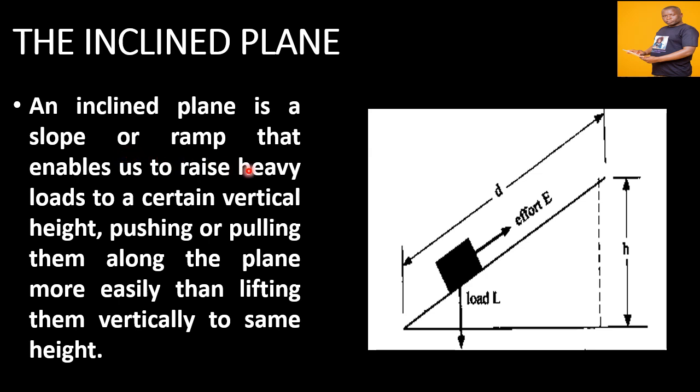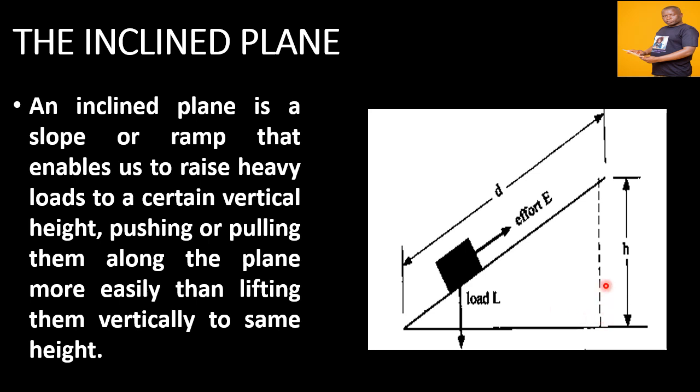It enables us to raise heavy weights or loads to a certain vertical height, pushing or pulling them along the plane more easily than lifting them vertically to the same height.